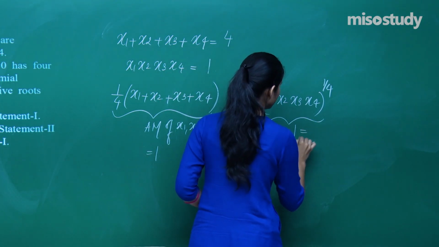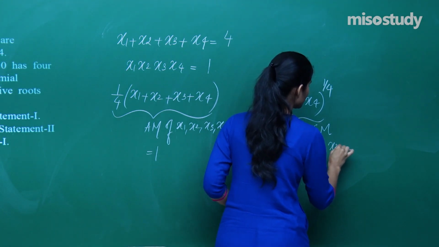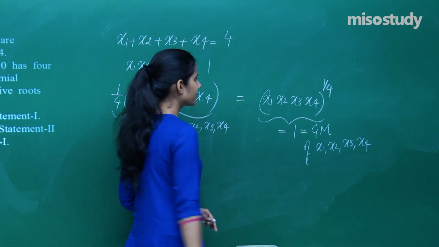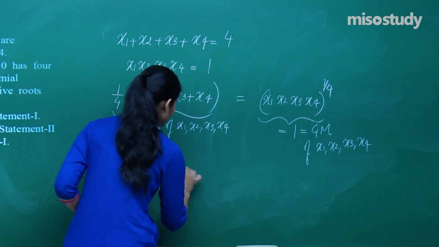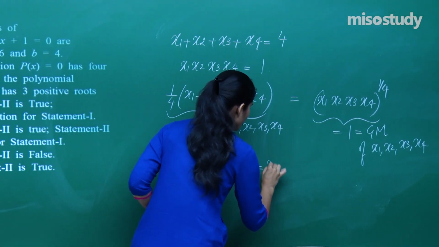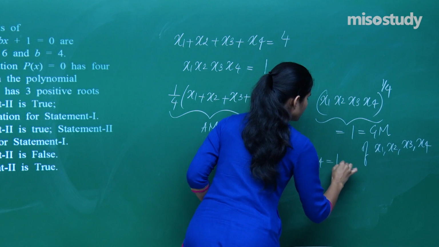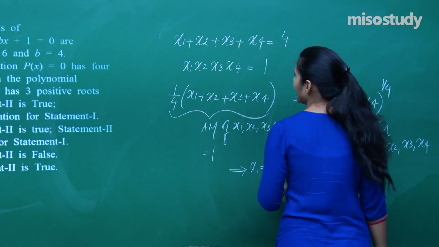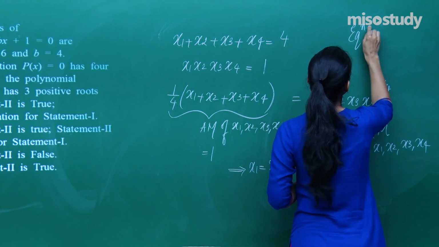This is also 1, and this is nothing but the geometric mean of x1, x2, x3 and x4. Both of them are coming out to be the same. Arithmetic mean comes out to be equal to geometric mean if and only if all these terms are equal to 1, right?